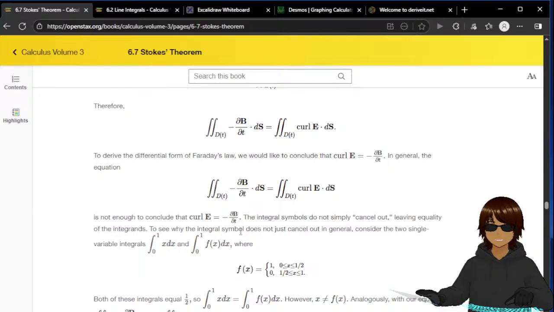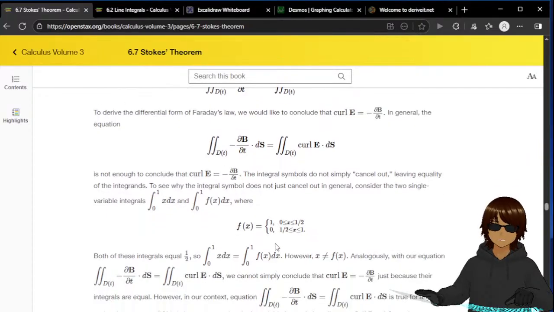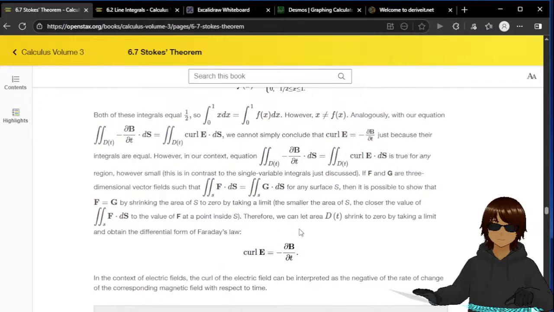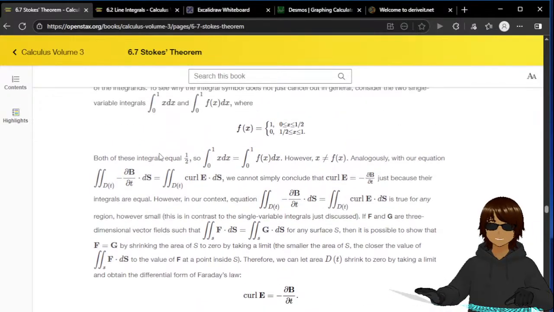To see why, consider two single-variable integrals: the integral from 0 to 1 of x dx, and the integral from 0 to 1 of f(x) dx, where f(x) is equal to 1 from 0 to one half, and 0 from one half to 1. Both of these integrals equal one half. So the integral of x dx equals the integral of f(x) dx. However, x is not equal to f(x).